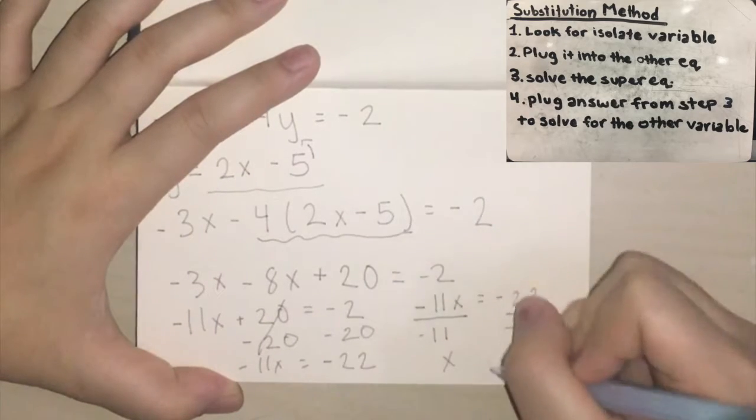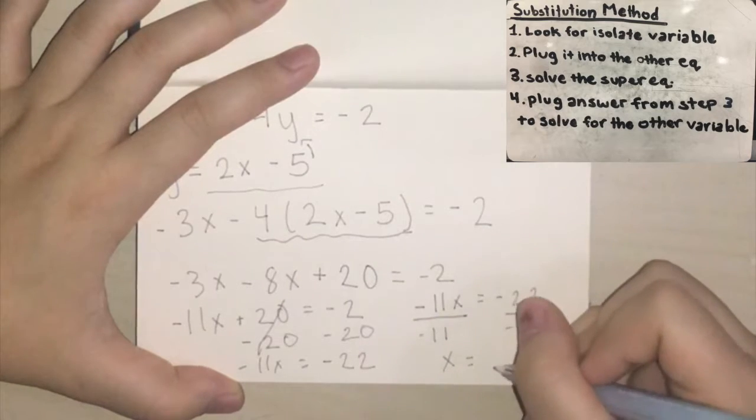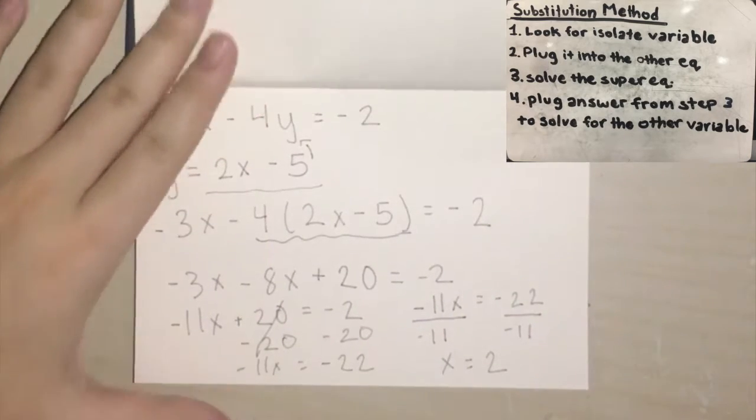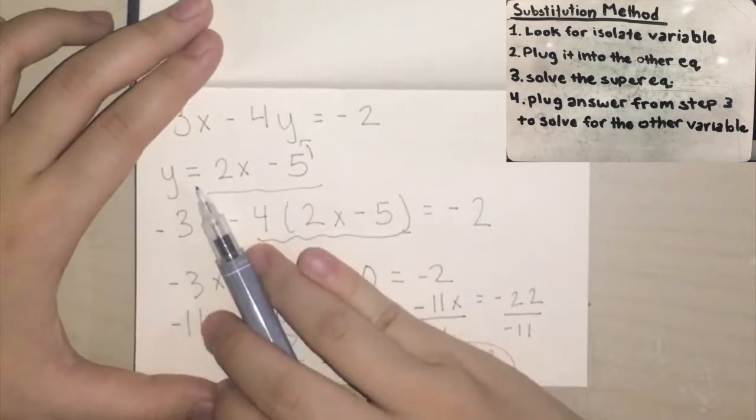Now our x, we divide it. Now the equation is x equals 2. And now we've got to figure out what y is.